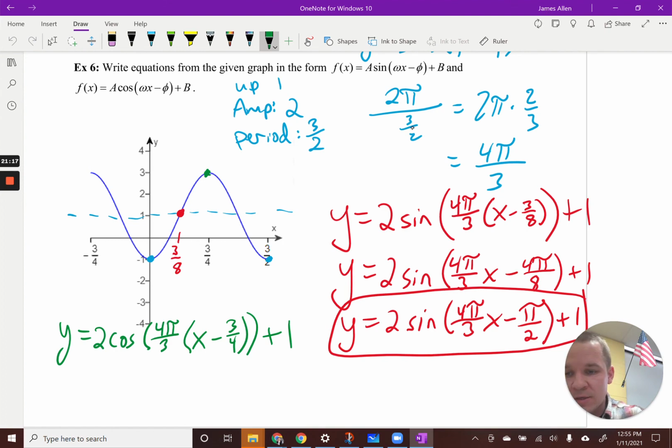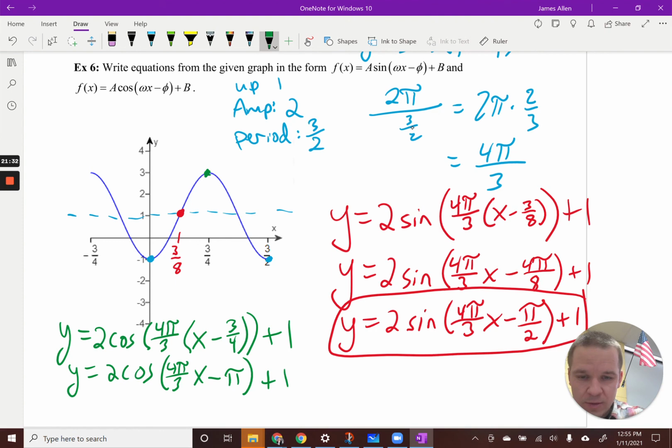We still have the same vertical shift. Let's clean that up: 2 cosine 4 pi over 3 x, and then the 3's and the 4's cancel, leaving me with minus pi, plus 1.